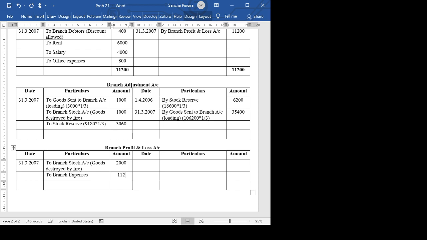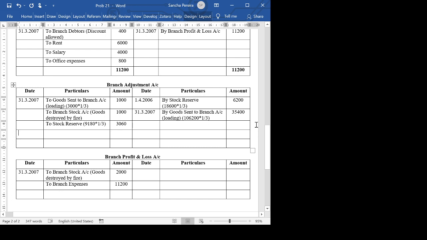This is 11,200. Then we will have a figure here, the gross profit or gross loss. It is a gross profit. So we have a total of 41,600, and this goes to the profit and loss account. This is the gross profit.